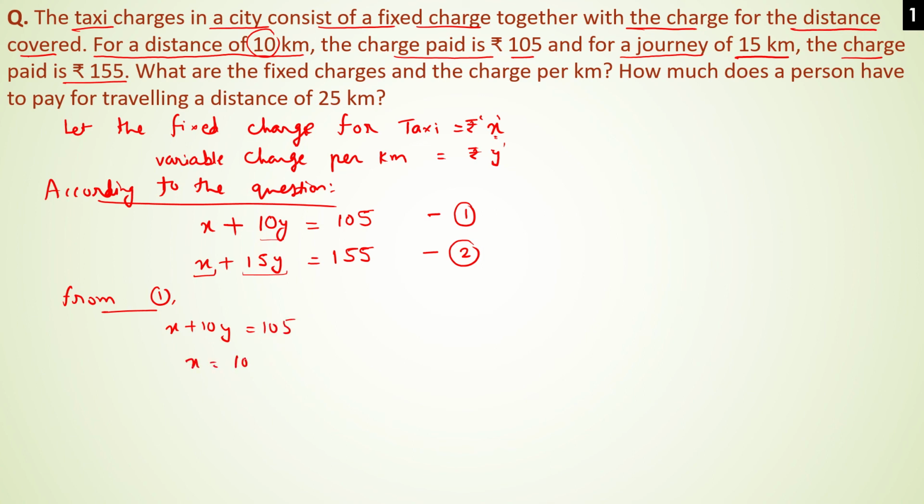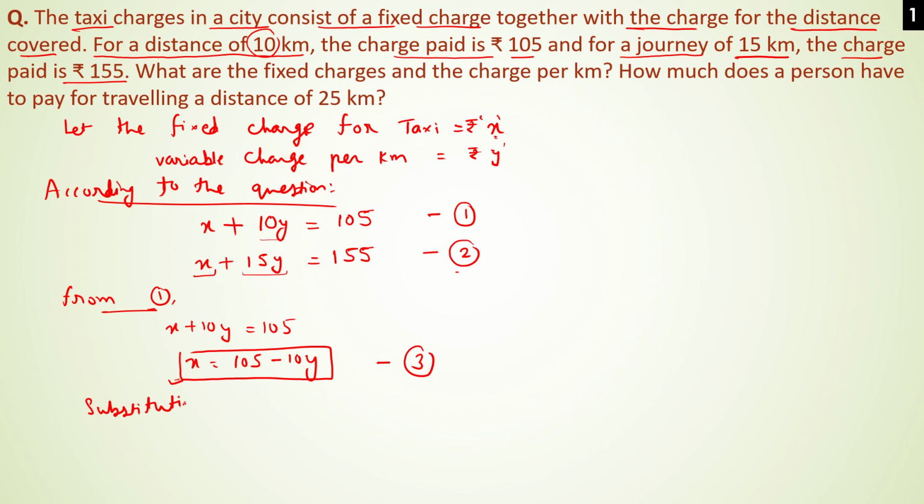So we get x equals 105 minus 10y. This is the third equation and we will put the value of x into second because we have obtained the value of x from first. So we have to put this value into second.